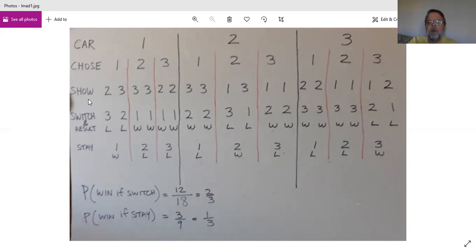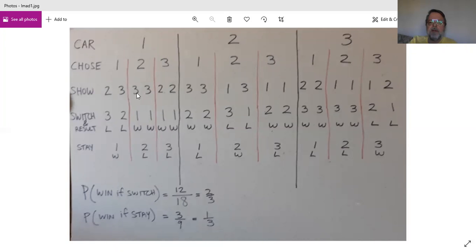Now, what door could they show us? If the car is behind number one and I chose door number one, then he could show me either door two or door three with equal likelihood. That's why I list them both there. However, if the car is behind number one and I chose door number two, the only possibility he can show us is door number three.